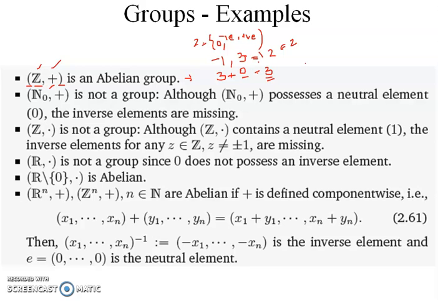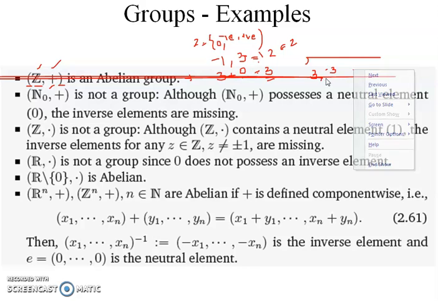And then next you see the case with the inverse. For the inverse, we will be taking two elements, that is, 3 and minus 3. If I take 3 and minus 3, what will be the result obtained after performing the addition of 3 and minus 3?